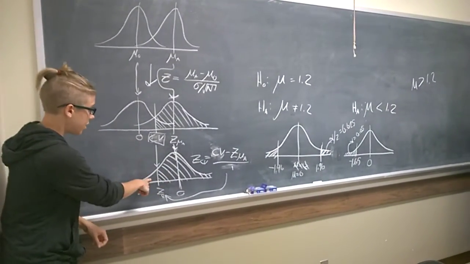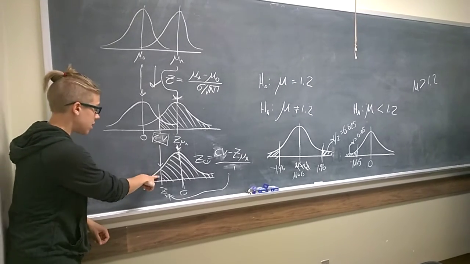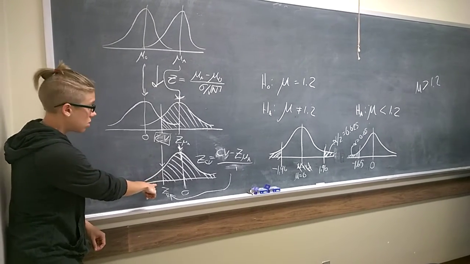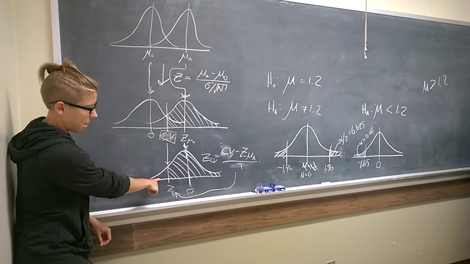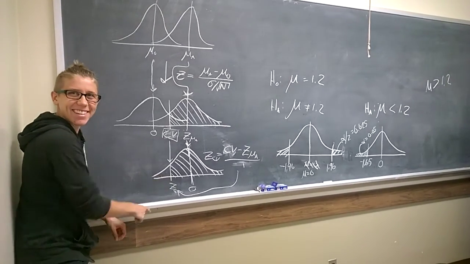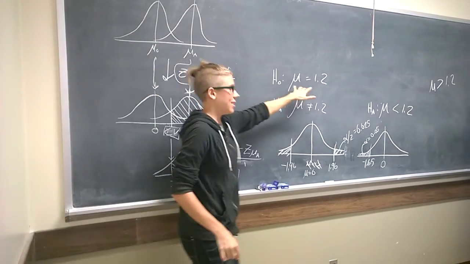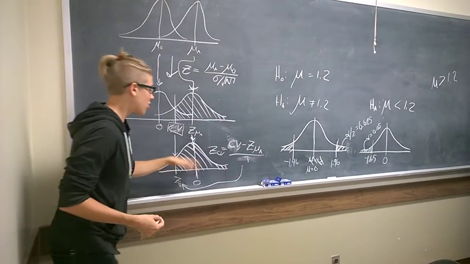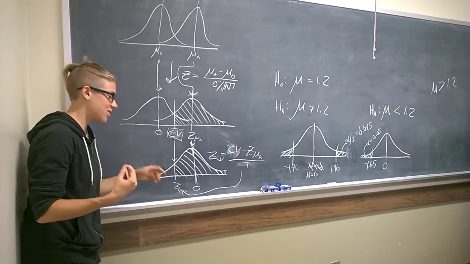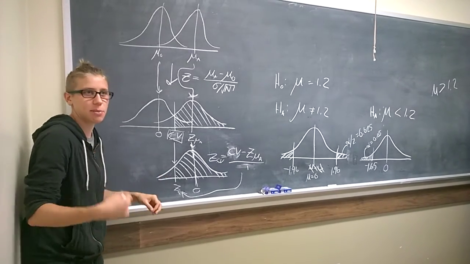And then what is this area that's not shaded? That's the null hypothesis. It's the beta. That's not an area. A hypothesis is like a statement. Areas under curves are probabilities. So when I ask what an area under the curve is, you better be giving me a probability.